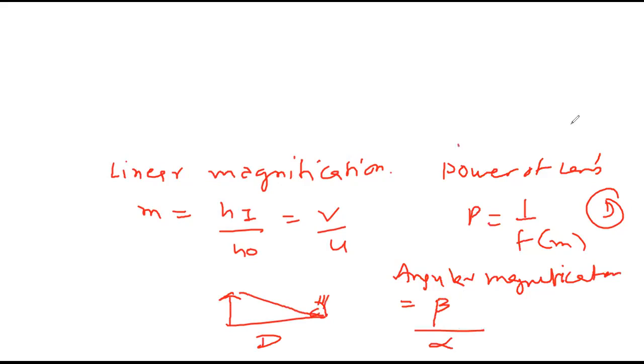These two parts we don't want now. That is 11th, I need the one from 10th: ratio of height of image to the height of object is called linear magnification, or ratio of distance of image to the distance of object.